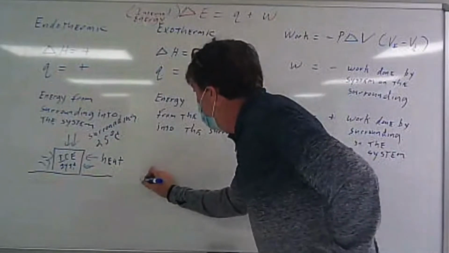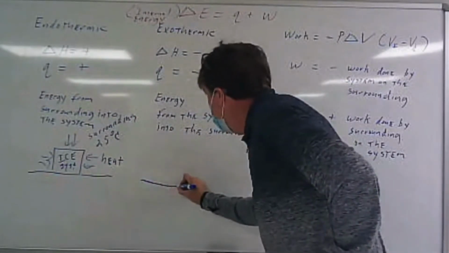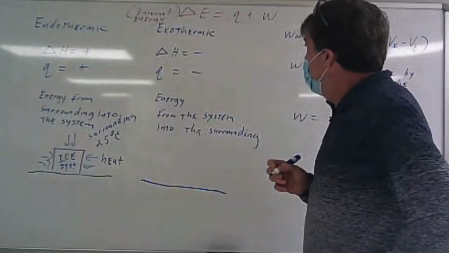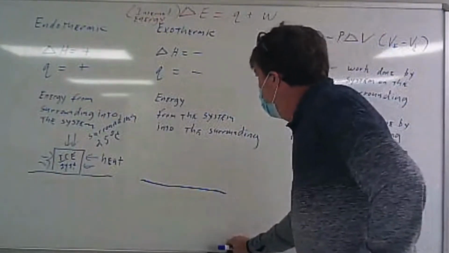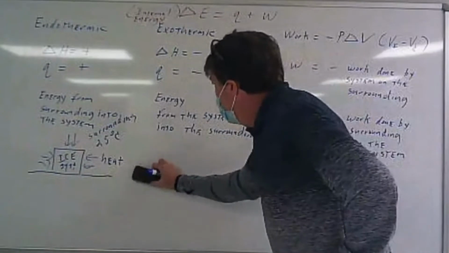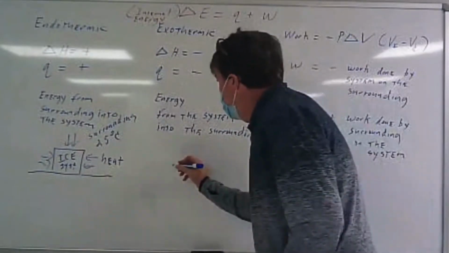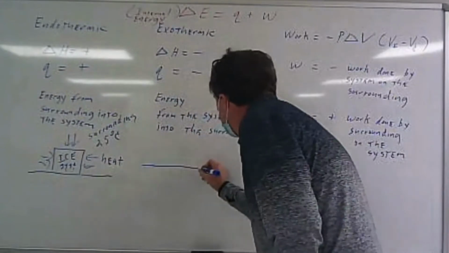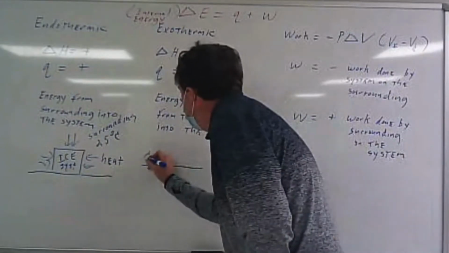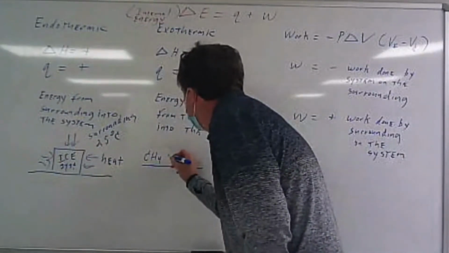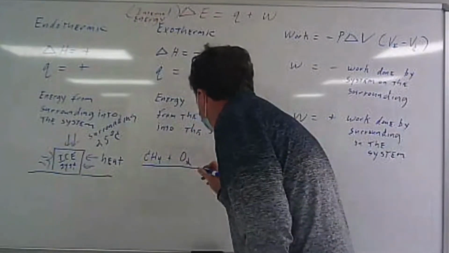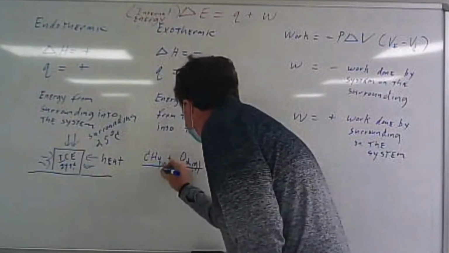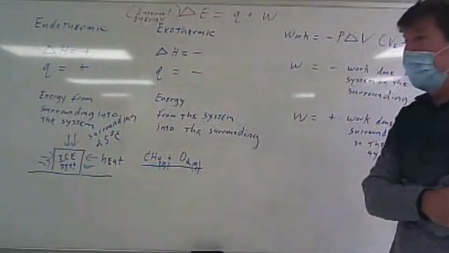Well, what about this? Let's take a look at a chemical reaction where we have CH4 plus O2, gas, gas. So they're the reactants.